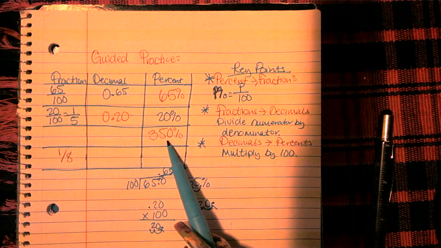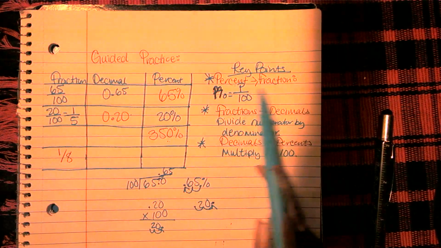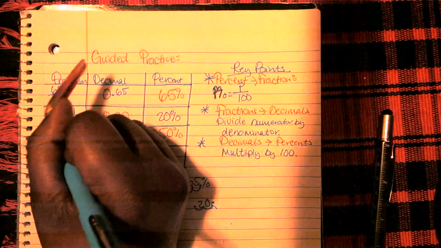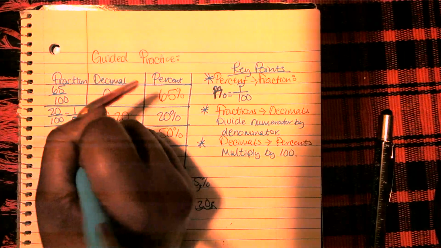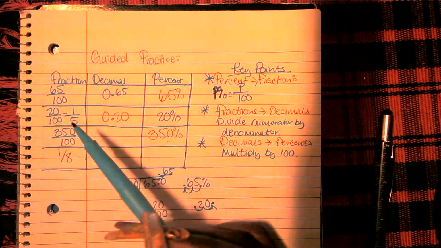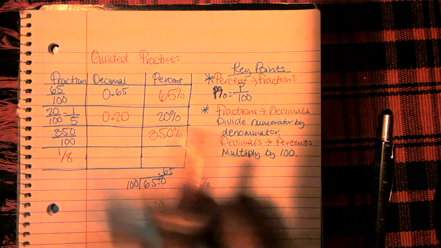Of course, I know that they give me a percent again. Anytime that I have a percentage and I need to just write it as a fraction, I simply just write that percent over 100. So this would be 350 over 100. Now, if I want to make this fraction into a decimal, I simply just divide.